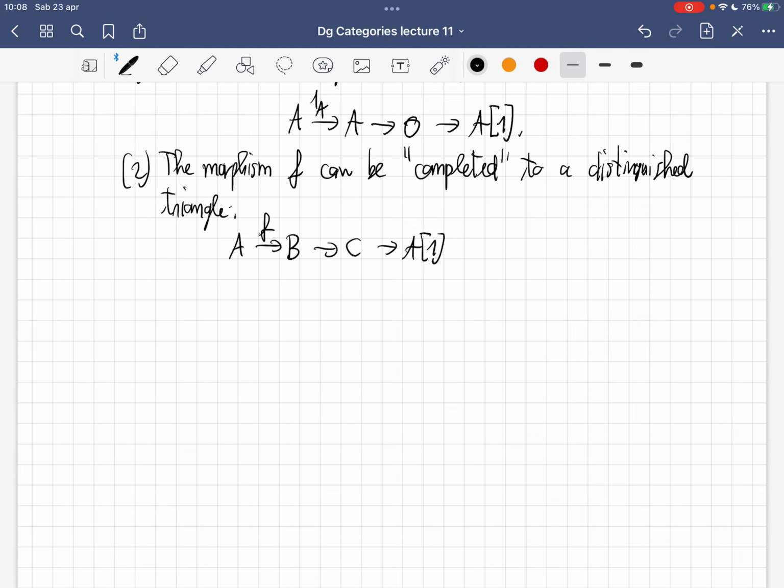So you can find some C such that this object, and maps such that this is a distinguished triangle.